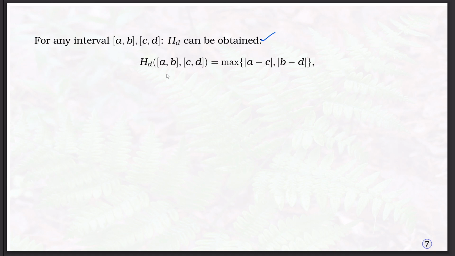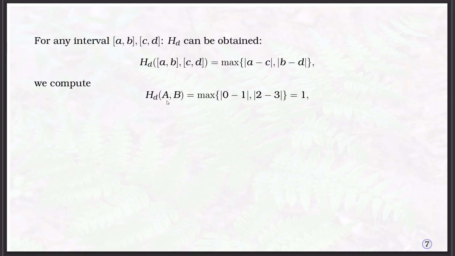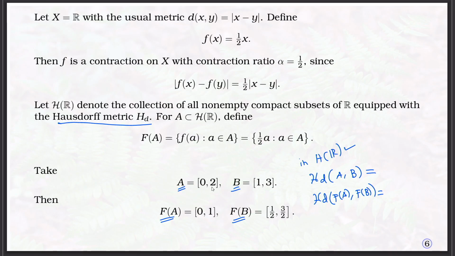If we have two closed intervals [a, b] and [c, d], find the difference between a and c and the difference between b and d, take the modulus, and take the maximum between these two elements, then one can get the Hausdorff distance between these closed intervals. In our case, A is [0, 2] and B is [1, 3].